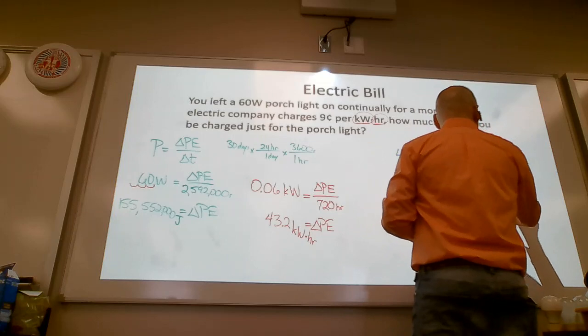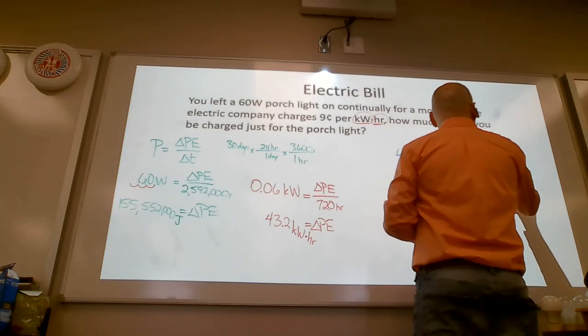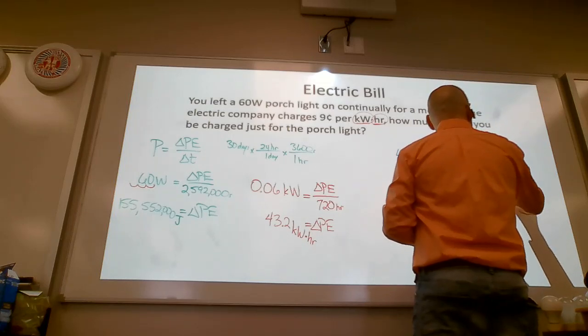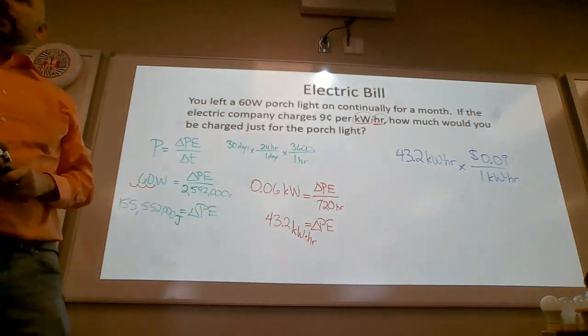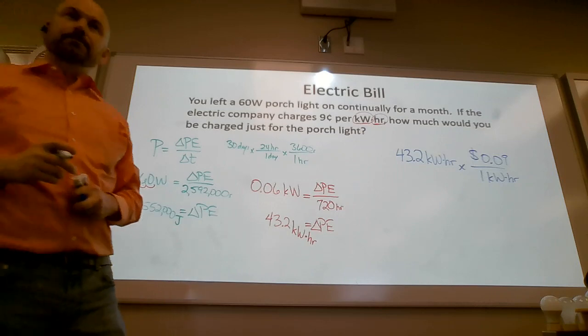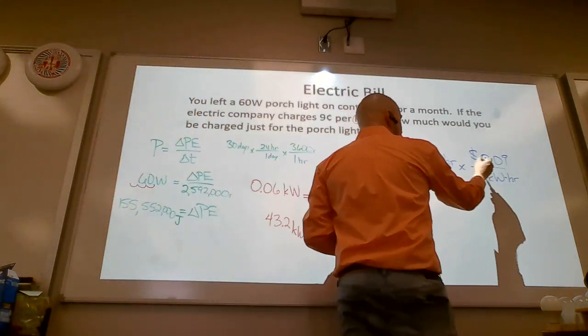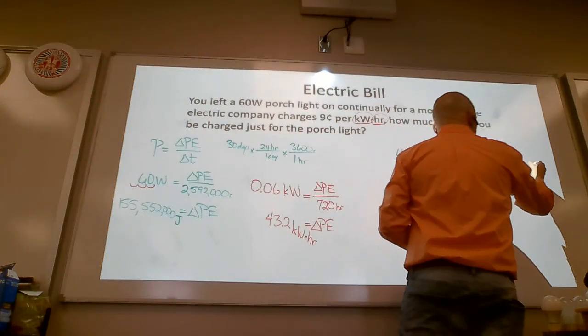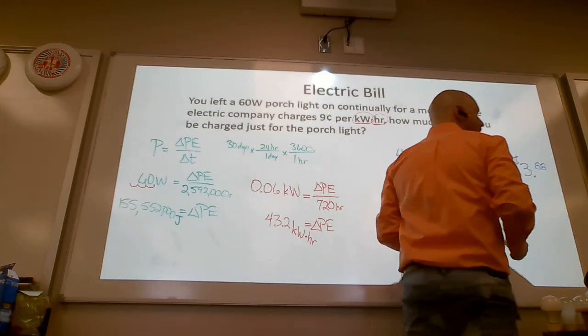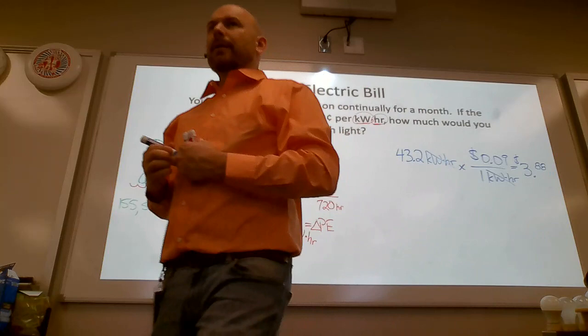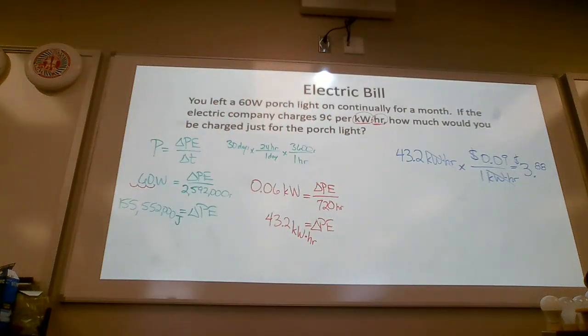So 1 kilowatt hour is 9 cents. See how that's working? So your kilowatt hours goes away, and you're left with $3.88.